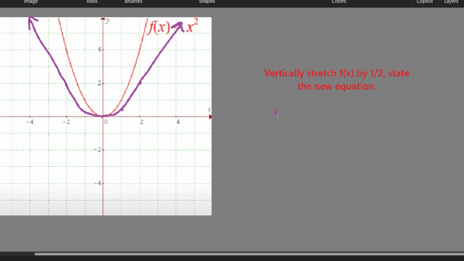And because the y values are being affected, you just put it outside the function. And because we know f of x is x squared, we can just say y equals 1 over 2 x squared. This just becomes 1 over 2 x squared without the brackets, just to make it look nicer.